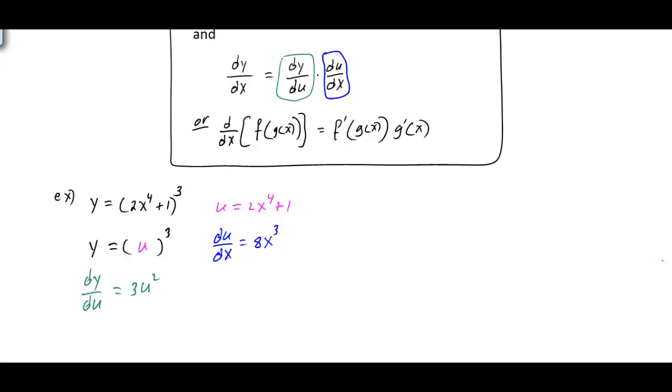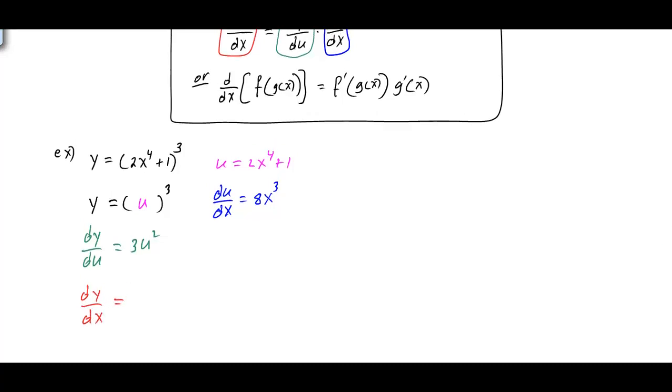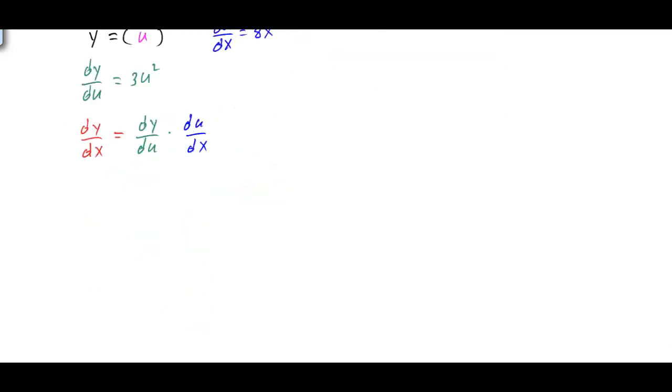So if we're trying to find dy dx, dy dx is going to be equal to the dy du multiplied by du dx. So if we do the substitution, then we're going to find that dy dx.